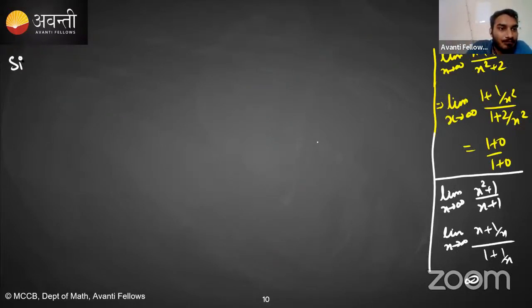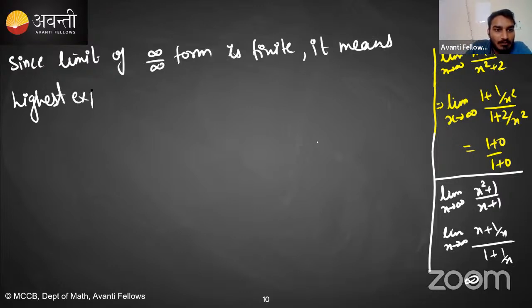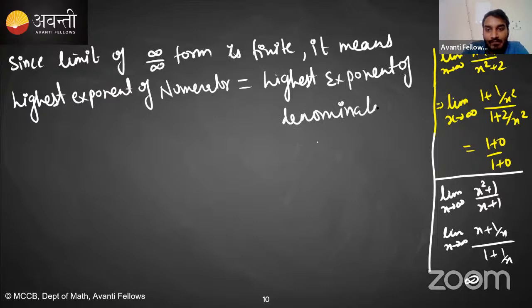What I'm saying is, since the limit of infinity upon infinity form is finite, it means the highest exponent of the numerator is equal to the highest exponent of the denominator. Is this clear? This is the concept, okay? This is the very concept. Is this clear or not?